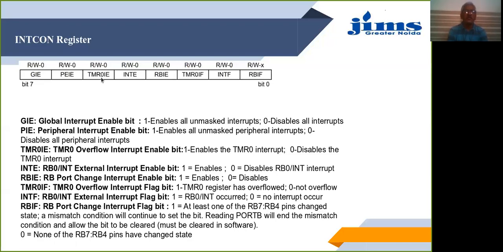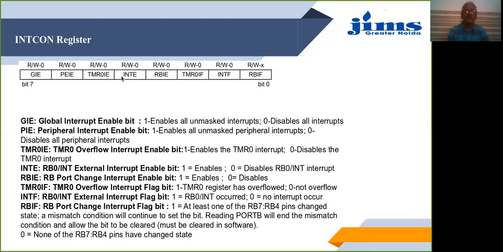Then you have the timer 0 interrupt enable, the TMR0 overflow interrupt enable. If you wish that whenever the timer overflows a count, an interrupt should occur, then the timer 0 overflow interrupt enable bit can be set to 1, or it can be cleared or disabled by clearing it to 0.